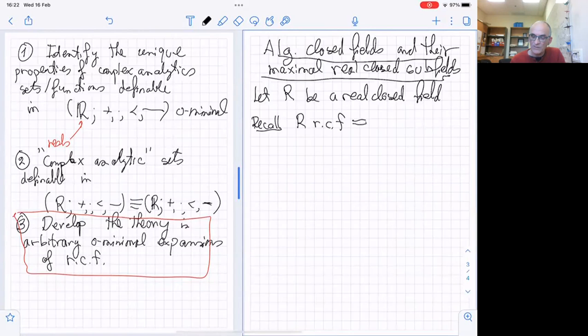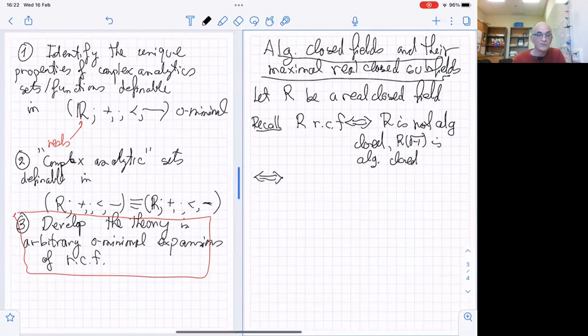Let's take this one: R is real closed if and only if R is not algebraically closed, but when you add to it the square root of -1, it becomes algebraically closed.